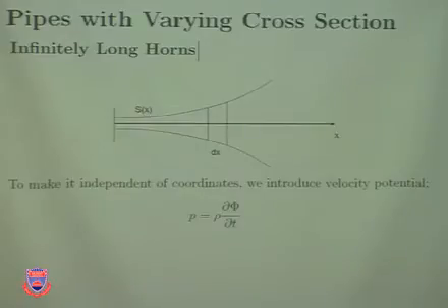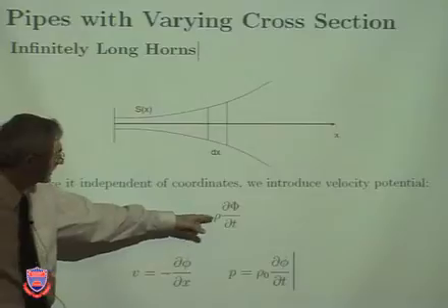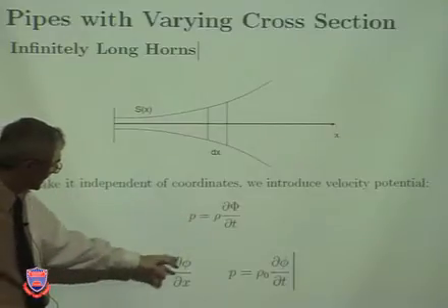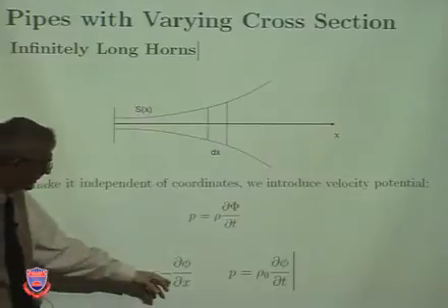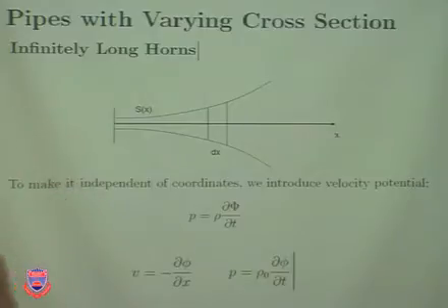In our earlier lectures, probably one of the first ones, we talked about velocity potential. A gravitational field, for example, is a potential. Its derivative with respect to time multiplied by the density is pressure, and the negative of its gradient in space is the particle velocity.